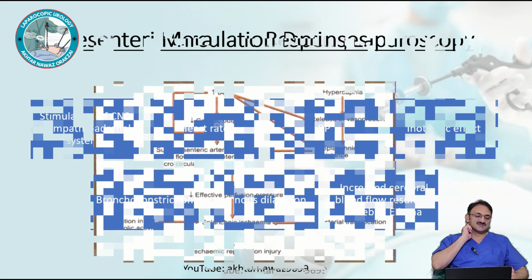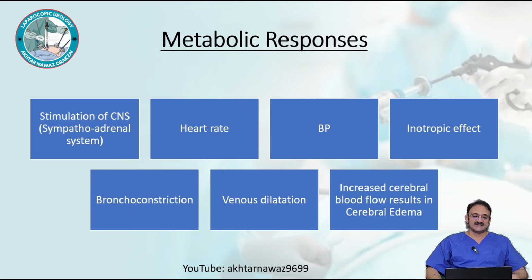The metabolic responses of the body are: there is stimulation of the central nervous system, which is due to the sympathoadrenal system, because the adrenal gland is also compressed, and that leads to release of adrenaline and noradrenaline, which may increase the heart rate, and the blood pressure may be increased.